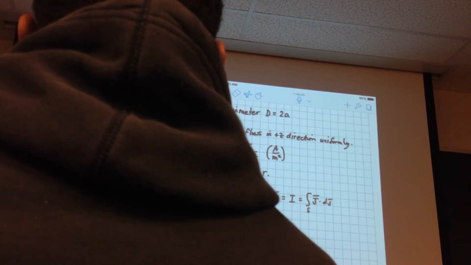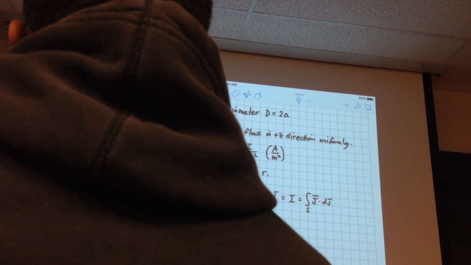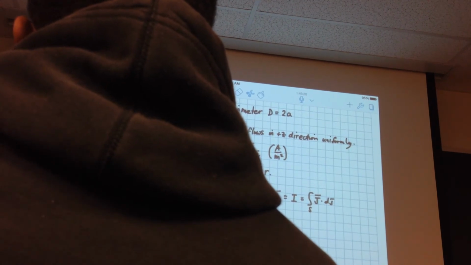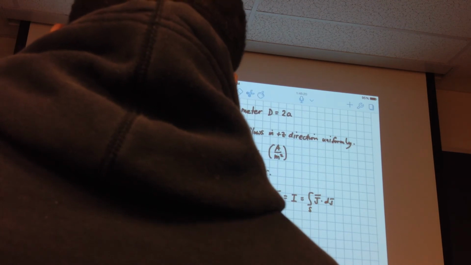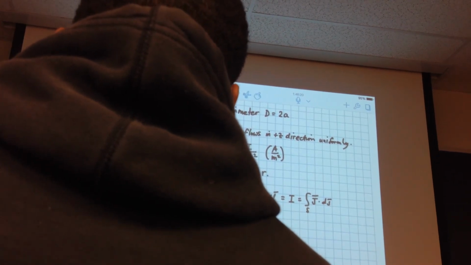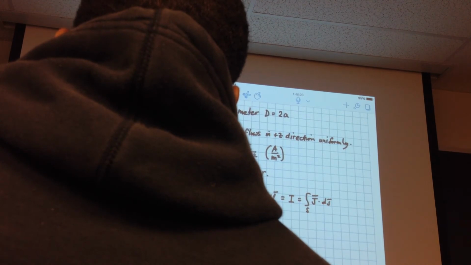The right-hand side depends on the radius of our contour. So how do we handle that? Another way to say that is, if I look at the magnetic field at different radii, then the current is not constant like those other problems. If inside r less than A, then the current is changing depending on r.